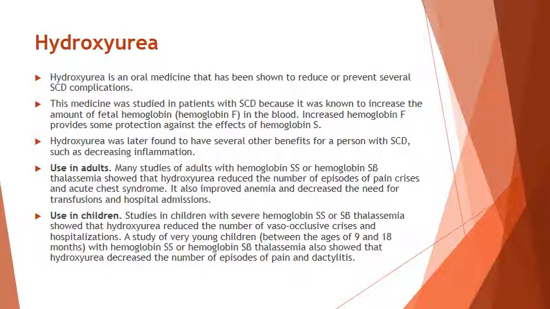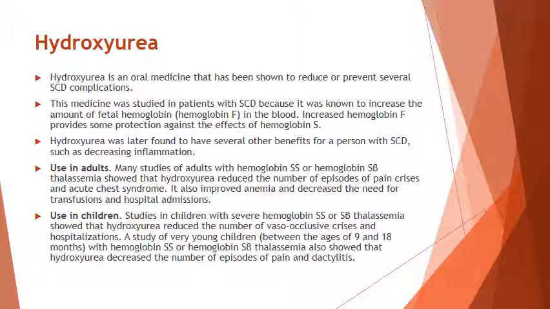In adults, many studies of adults with hemoglobin SS or hemoglobin S beta thalassemia showed that hydroxyurea reduced the number of episodes of pain crises and acute chest syndrome. It also improved anemia and decreased the need for transfusions and hospital admissions.